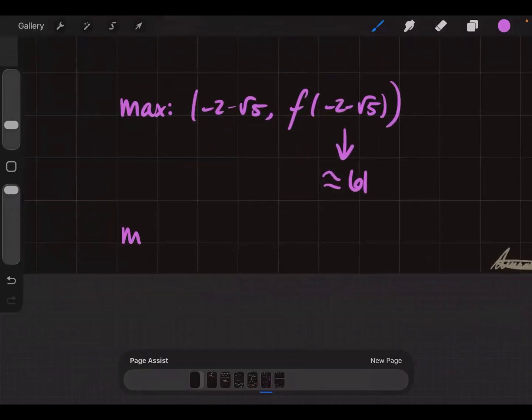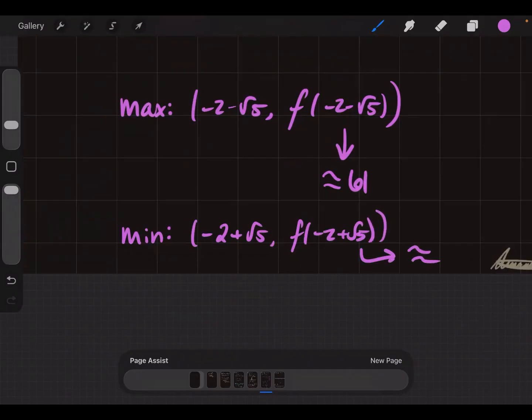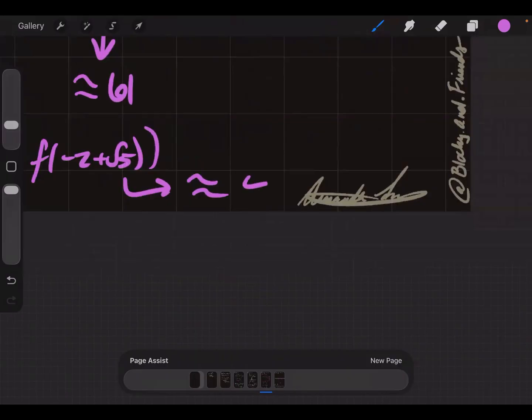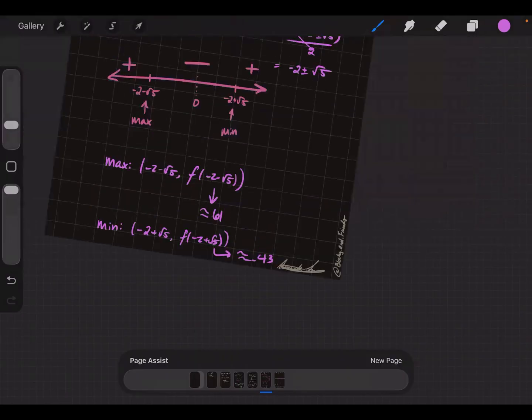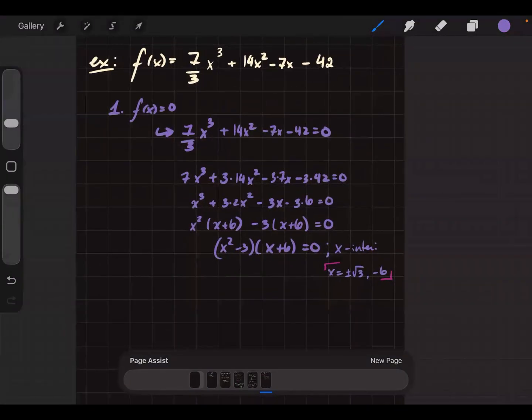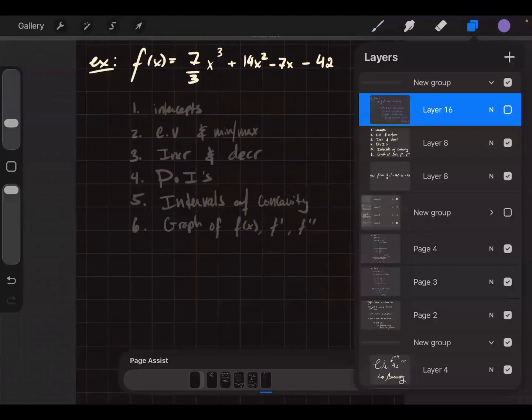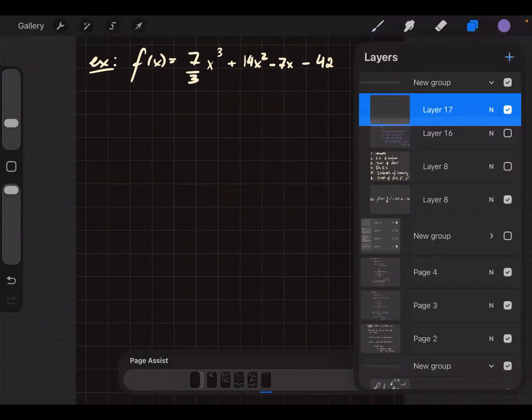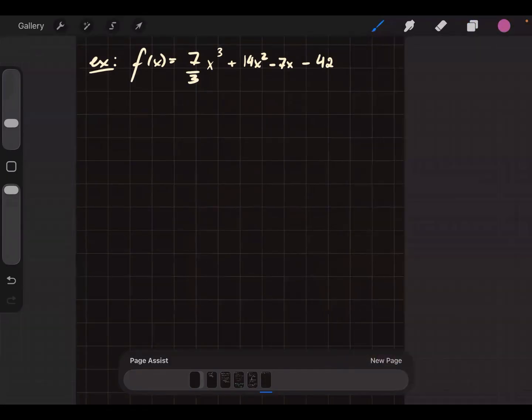And your min is going to be -2 plus √5, comma, f of -2 plus √5, which is about equal to -43. Okay. This first part. Second part is your critical value and intervals of increasing, decreasing, min maxes, all that good stuff.